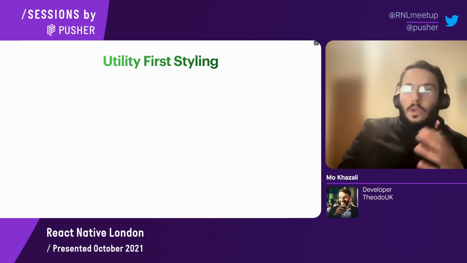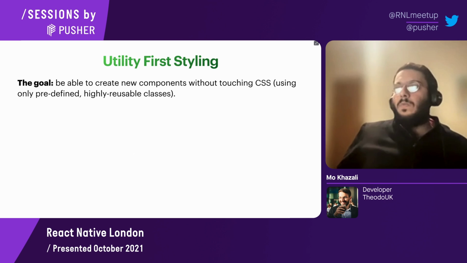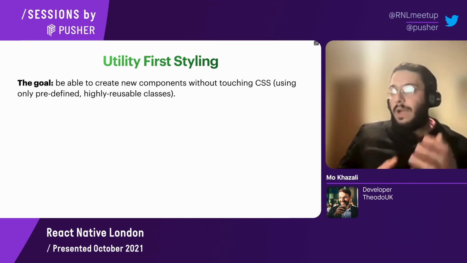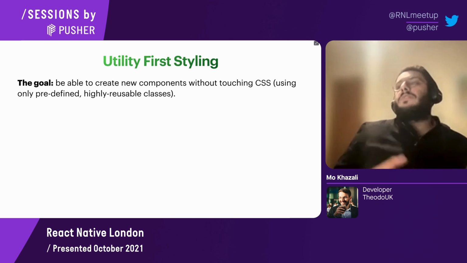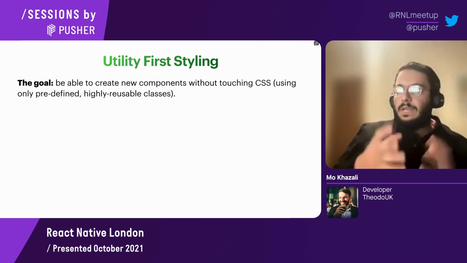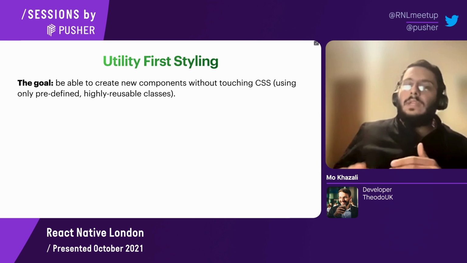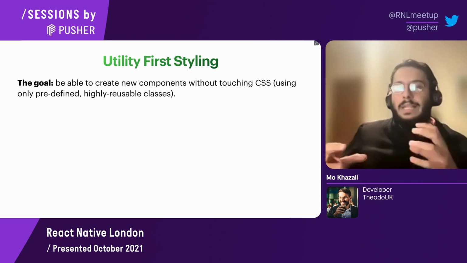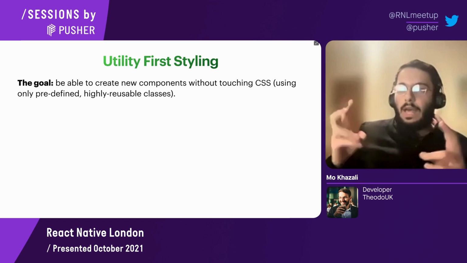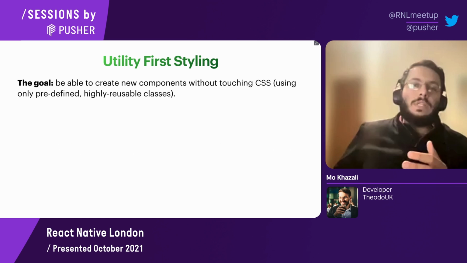And so the goal, ultimately, is for you to be able to create new components without touching CSS. So you have a set of predefined, highly reusable classes. Whether or not you make them yourself or you use a library is a different story. But the idea is that you, in theory, would never need to go in and create additional classes, because you could always combine certain classes from these highly reusable classes that you've predefined to build completely new components and style it however you'd like.